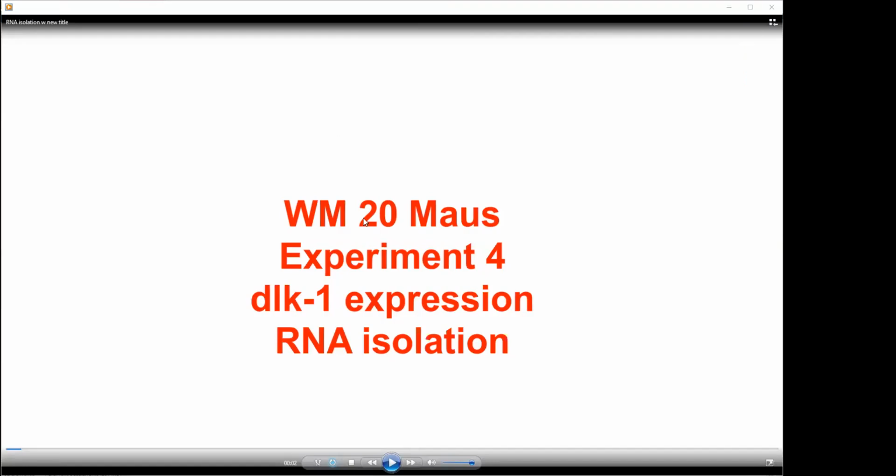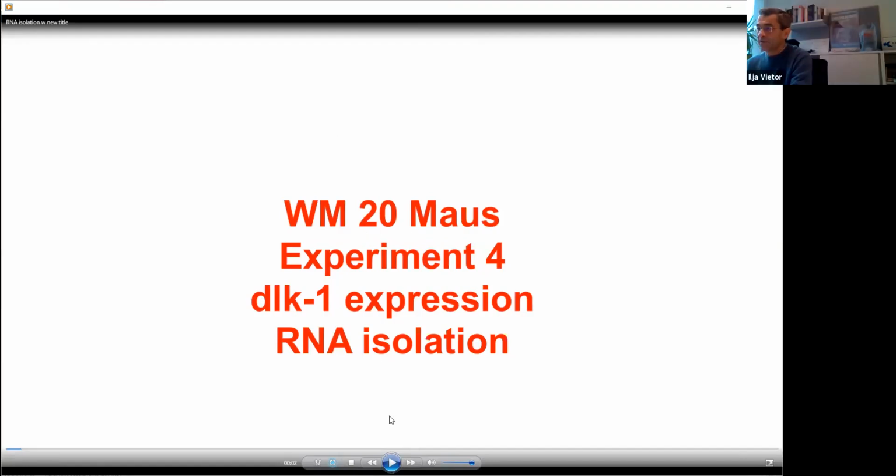So the last experiment which I want to present to you, I have put into 3 parts. And the name of this experiment is detection of DLK1 expression. You know already from my presentation what is DLK1, what is it good for, what we have identified.